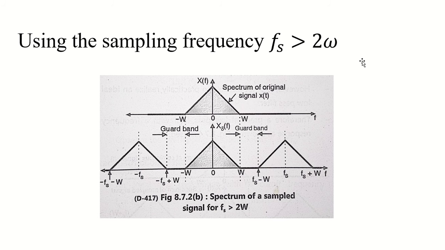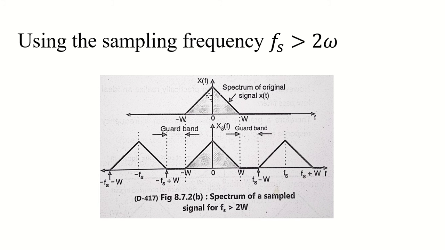The second one is by using a sampling frequency fs greater than 2 omega. If I want to avoid aliasing, I can simply increase the sampling frequency fs to a great extent, to a value greater than 2 omega. Just by doing that, even though x of t is not a strictly band limited signal, the spectrum will not get overlapped.